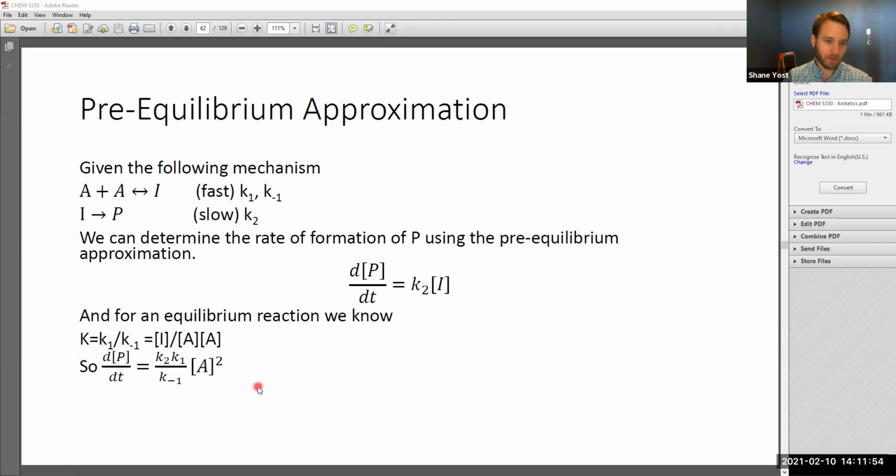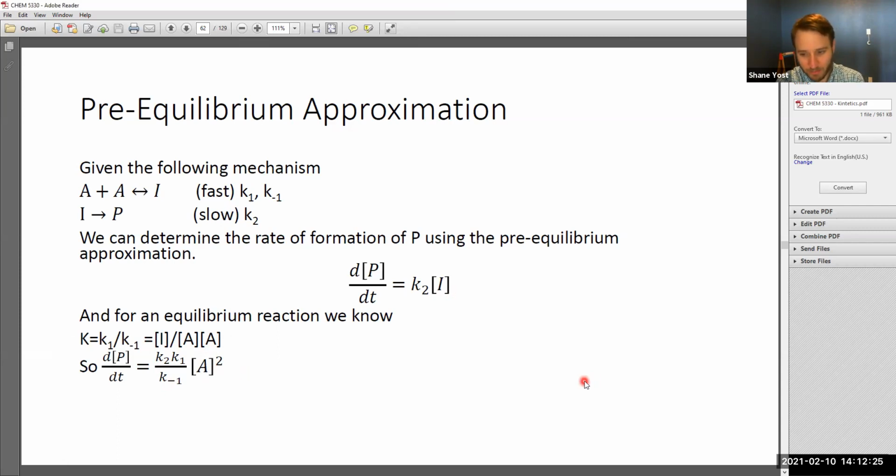Often the pre-equilibrium approximation is a little bit of a simpler one. It basically says your equilibrium constant is valid because your reaction is always at equilibrium. So the equilibrium constant equaling those ratios of concentrations always holds true, and you can use that to substitute in for your intermediate concentrations, using concentrations of reactants and products.